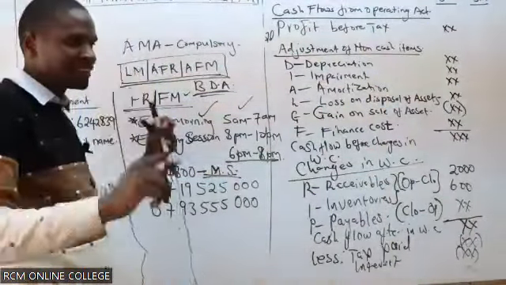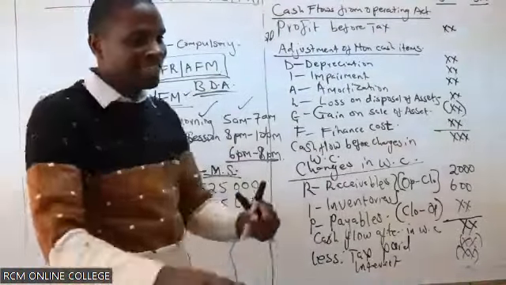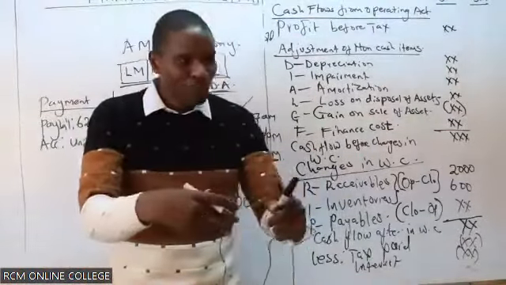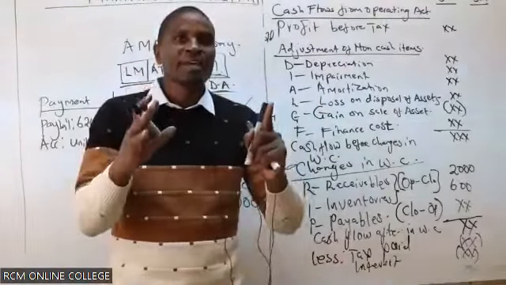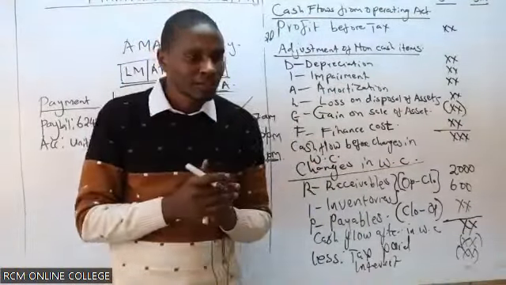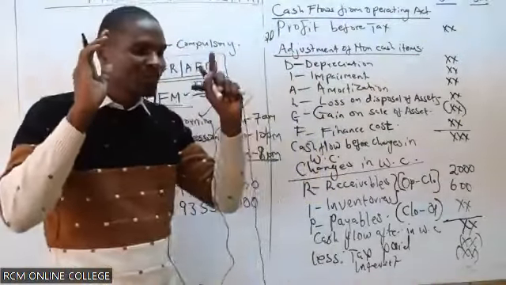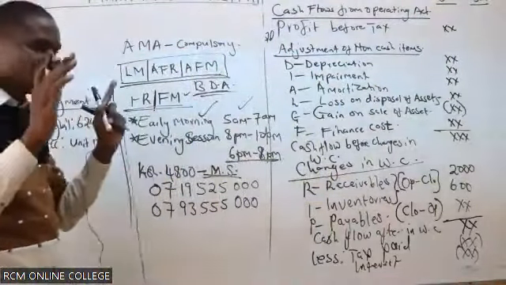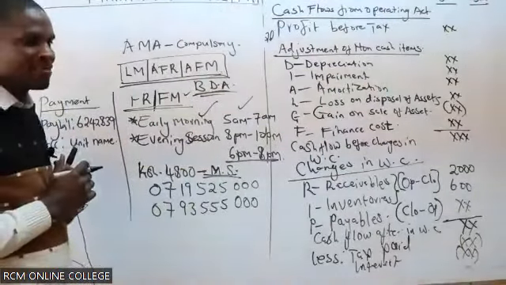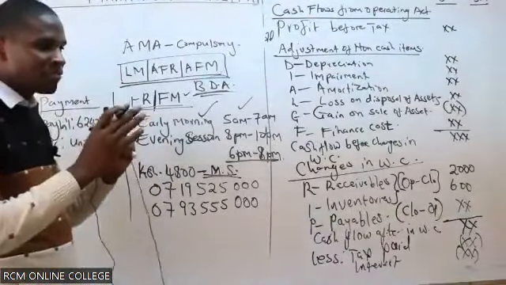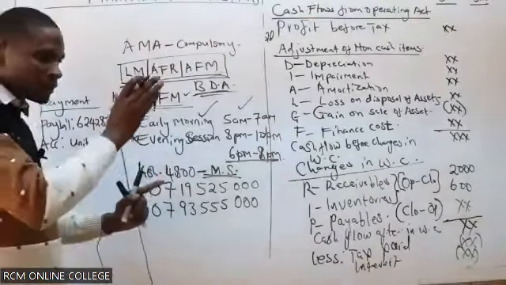Are we together? Sasa hata nyinyi mko intermediate level, jueni kwamba AMA imekuwa sasa compulsory. Those are good news. Are you getting the good news now? Ukienda advanced level from intermediate, unaipata pale.